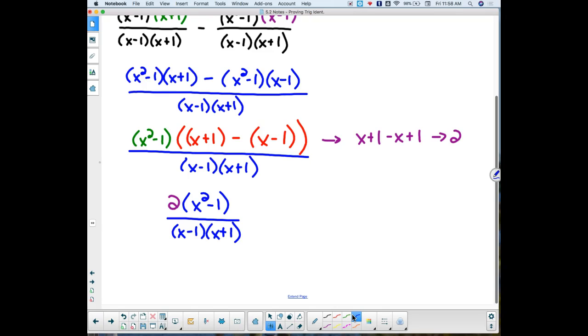Okay, I could distribute for the denominator, or I could factor on the top, right? One or two of them. I could factor the top to be 2 times x minus 1 times x plus 1, or I could distribute on the bottom and get x squared minus 1.